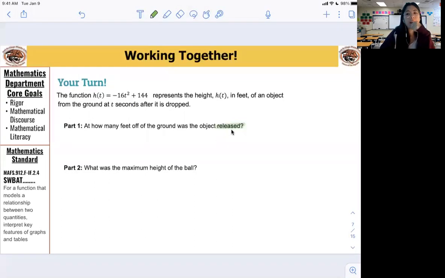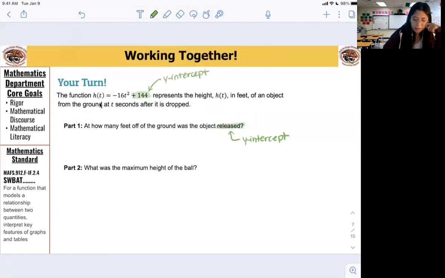Okay, the y-intercept. Where is the y-intercept of this equation? 144. That is my y-intercept, which means that it was released at 144 feet.